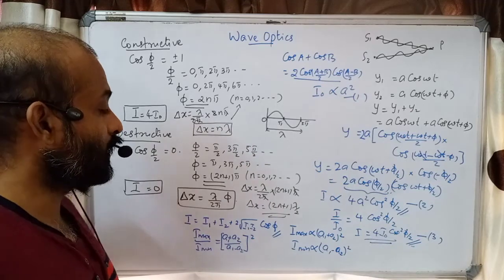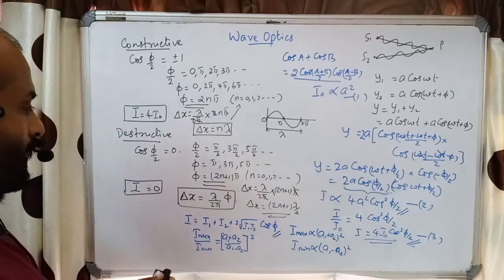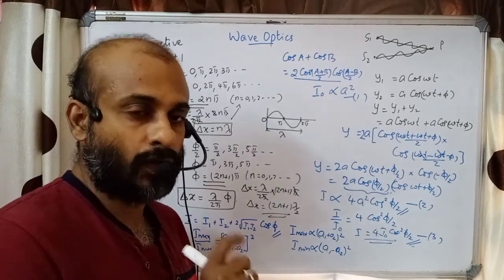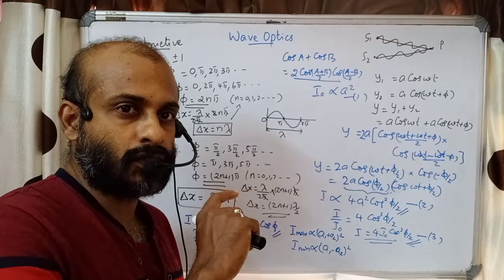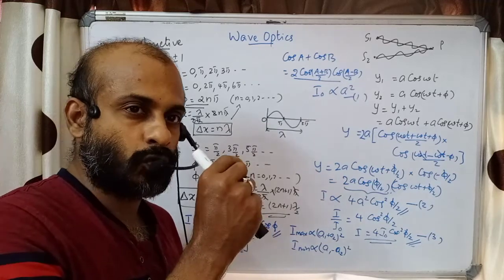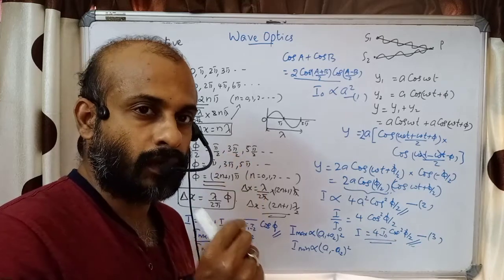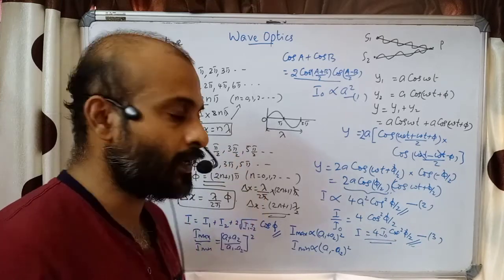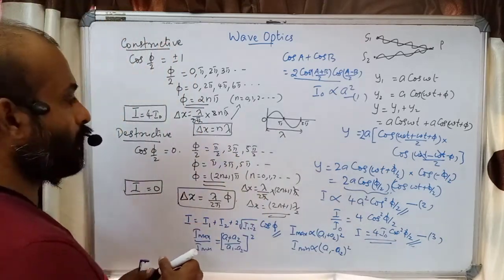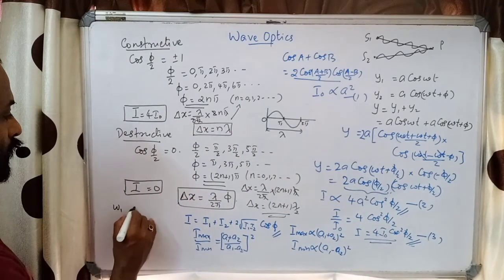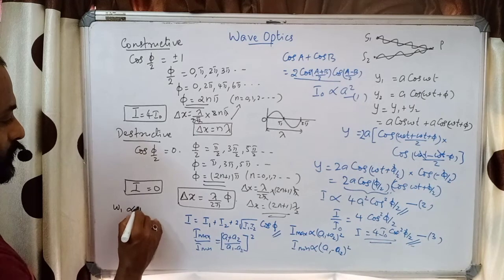Now slit width can also be expressed like this. If we have one source of light, and light from this one source passes through two small slits, these two slits can be considered two coherent sources. In that case, if W1 and W2 are the widths of the slits, the width of the slit is directly proportional to intensity.